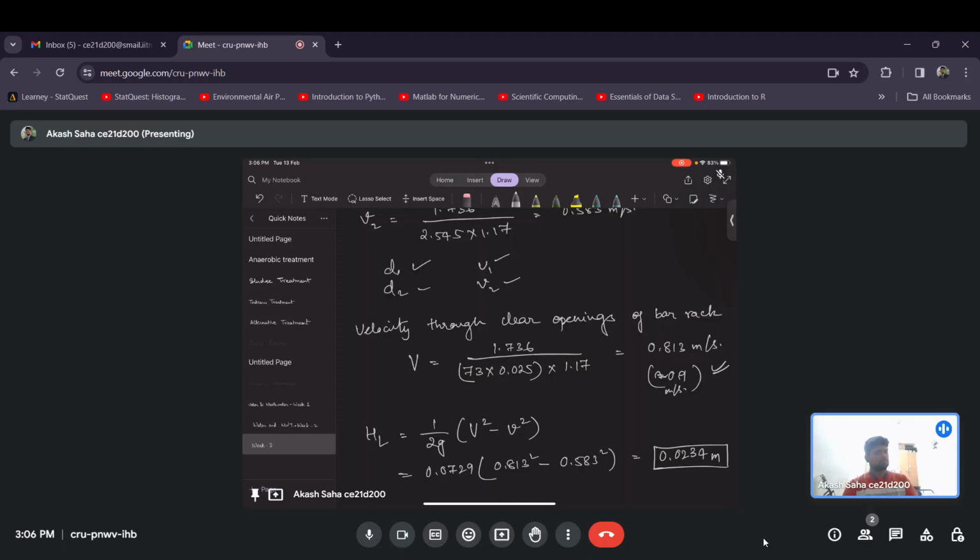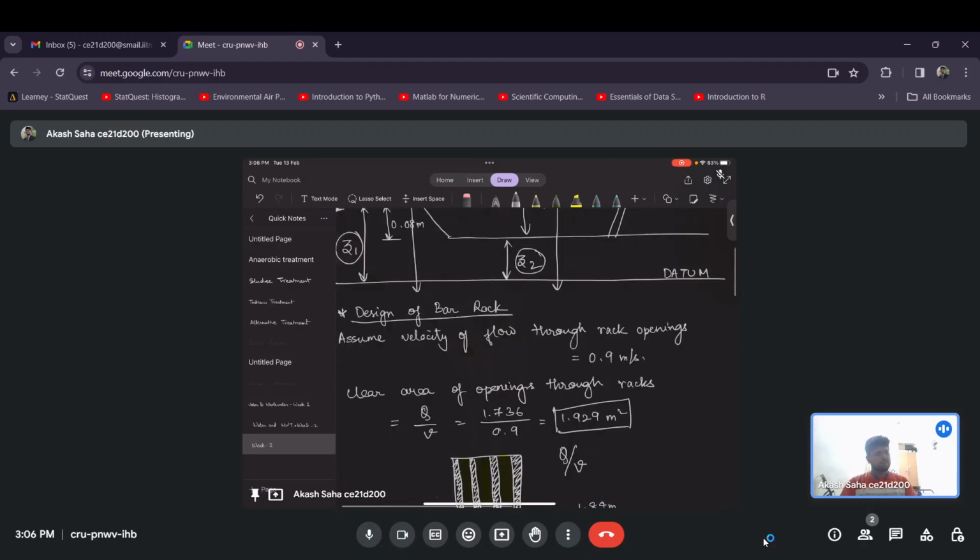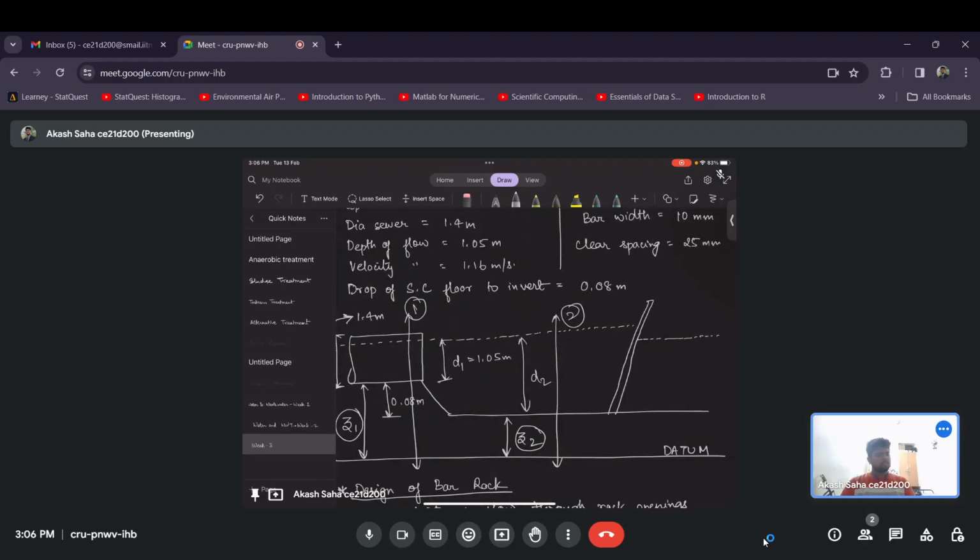Got it? After finding the width of all this, we will take two sections, section 1 and section 2. Section 1 will be in my sewer pipe and section 2 at the start of my approach channel.